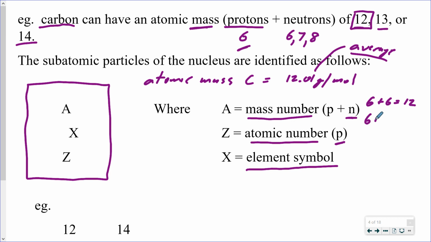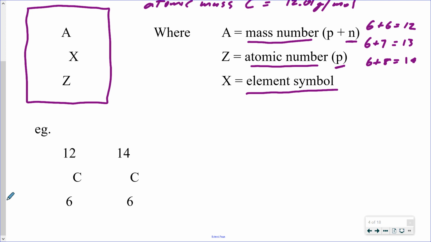We can have 6 plus 7 neutrons, 13 for the mass number, or 6 protons plus 8 neutrons, 14 for the mass number. Again, the 12 is the most common naturally occurring one, and that's why the average is much closer to 12 than to 13 or 14. The other two are fairly rare.